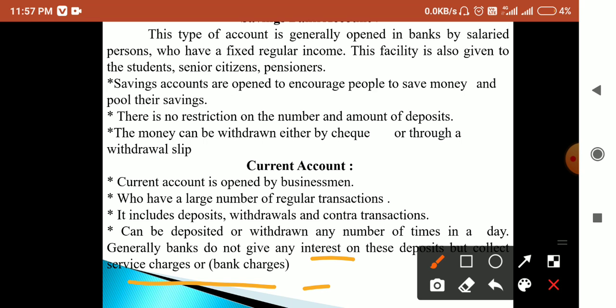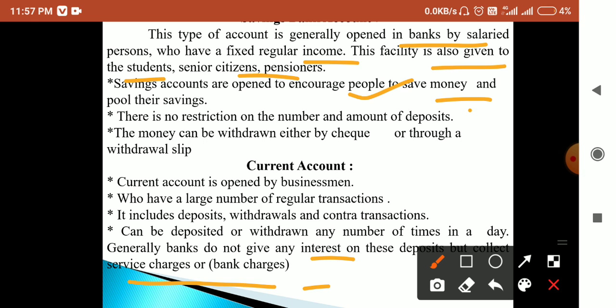Once again, I repeat. Number one is the SB account. Generally it is opened for salaried persons who have a regular income, students, senior citizens and pensioners. It is a savings account, opened to encourage people to save money. That's why it is very famous today.